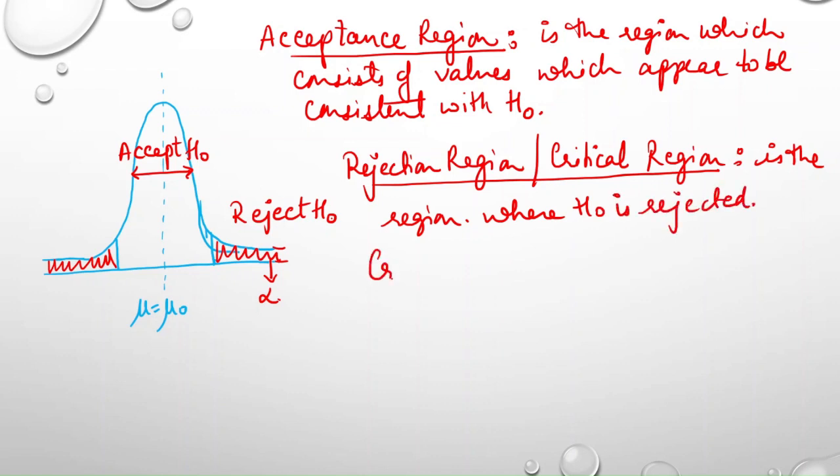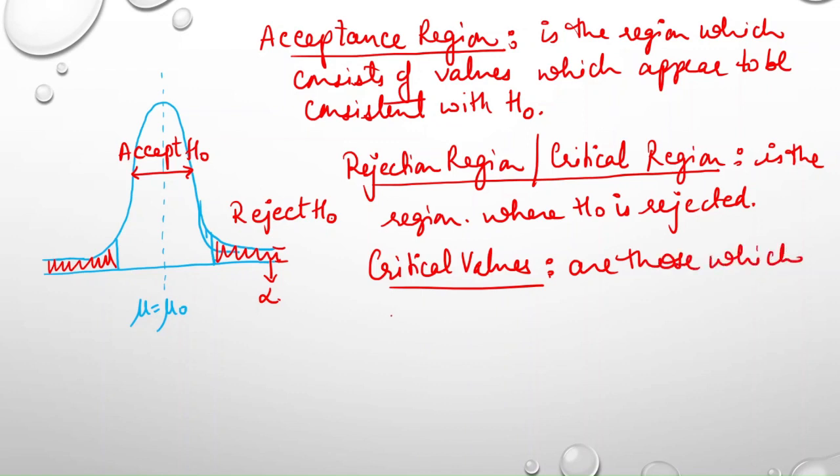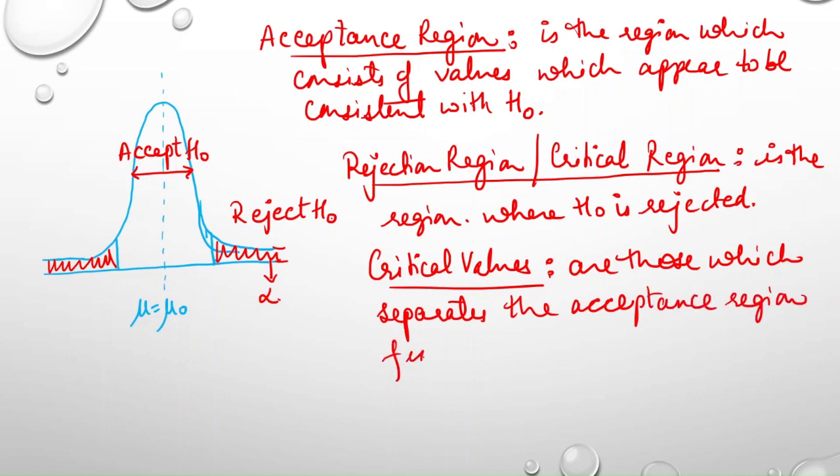Now the critical values are those values which separate the acceptance region from the critical region.